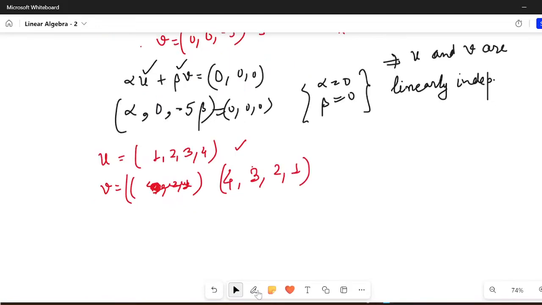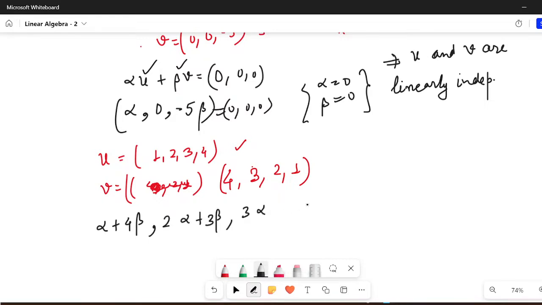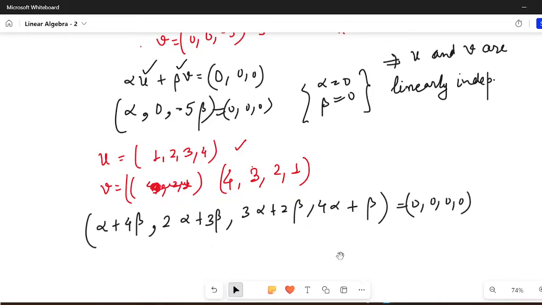We just multiply this with alpha and this with beta and add them up. So what I'll get: (alpha plus 4 beta, 2 alpha plus 3 beta, 3 alpha plus 2 beta, 4 alpha plus beta) is equal to (0, 0, 0, 0).